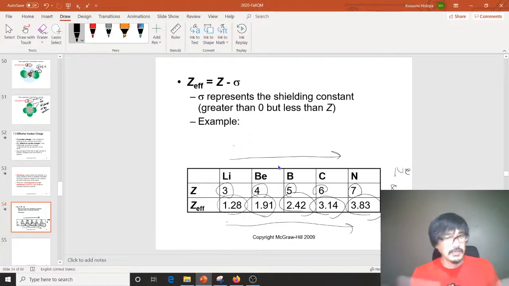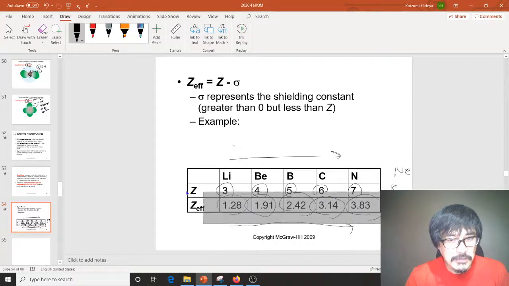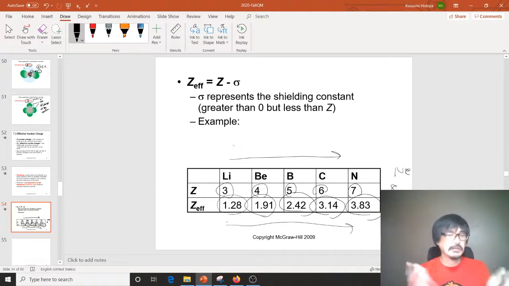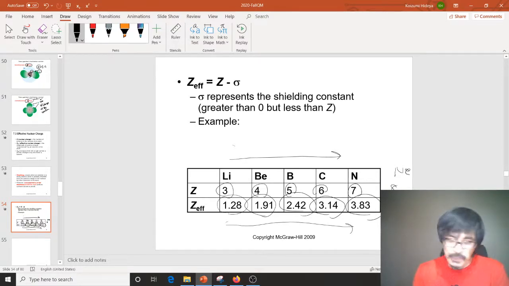We don't really care too much about the actual number of the Z effective. This is probably good enough to explain qualitatively what's happening to the size of atoms, or to the reactivity and the ionization potential and the electron affinity and so on, which I'm going to explain later on. So, alright, this portion of the video is done.